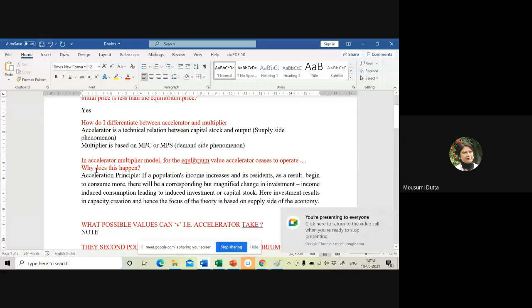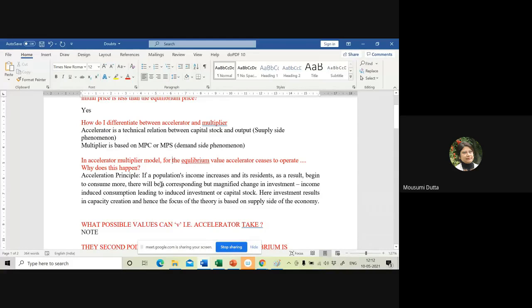Another question: in the accelerator principle model, for the equilibrium value, the accelerator ceases to operate. Why does this happen? Now please check the acceleration principle. Already this is with you.